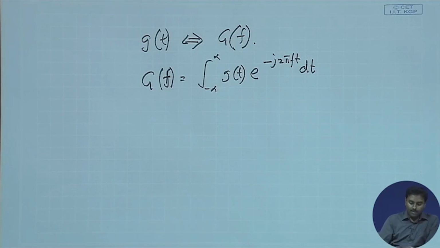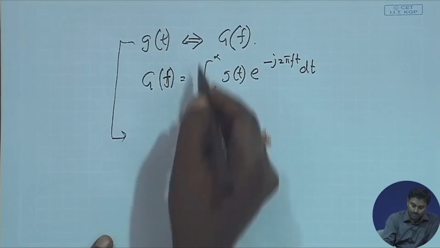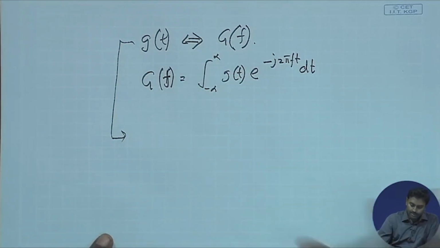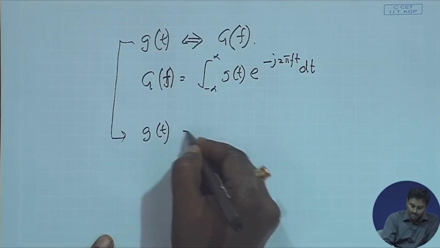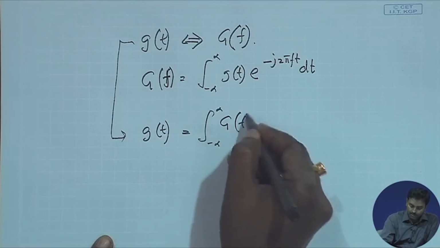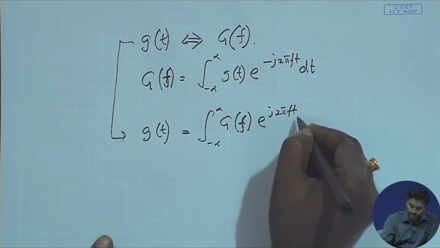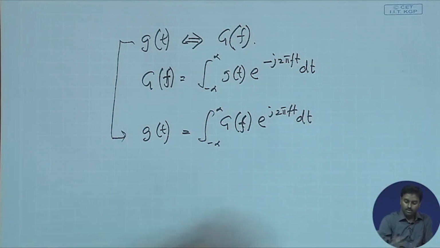This is something we already know. We also know, because it is a Fourier transform, that we can represent g(t) as the integral from minus infinity to plus infinity of G(f) e to the power plus j 2 pi f t df, right. We know this.